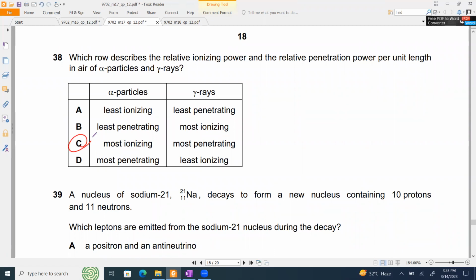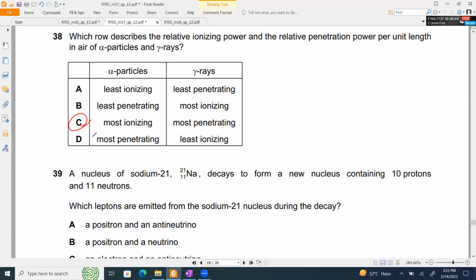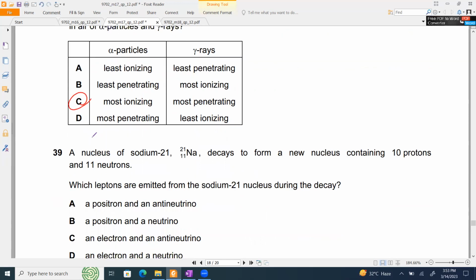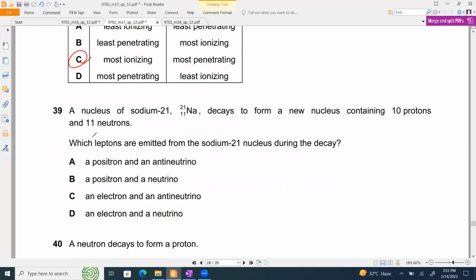Now the next one, a nucleus of sodium-21 decays to form a new nucleus containing 10 protons and 11 neutrons. Which leptons are emitted from the sodium-21 nucleus during the decay? There were 11 protons, now it becomes 10 protons.